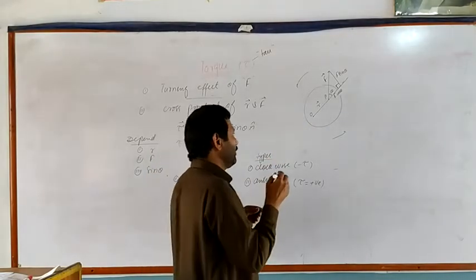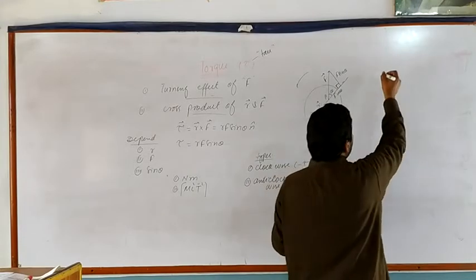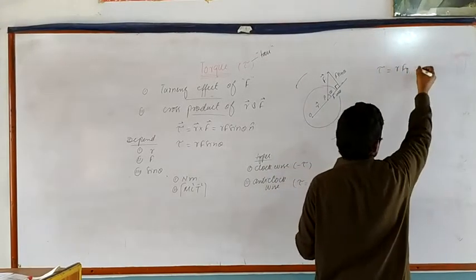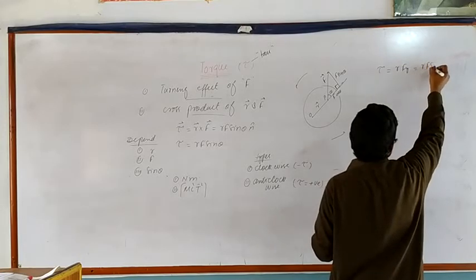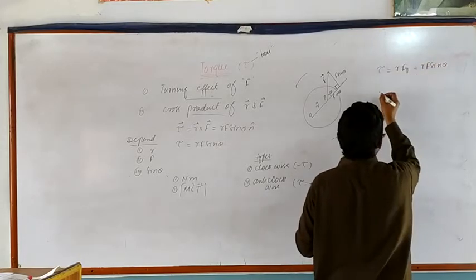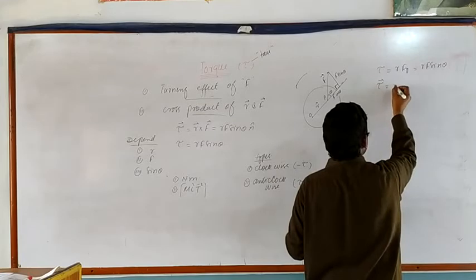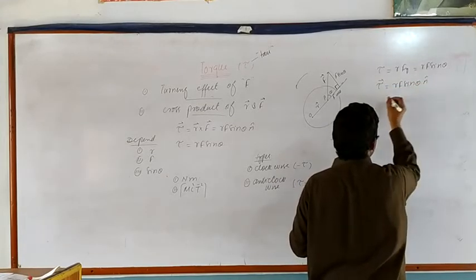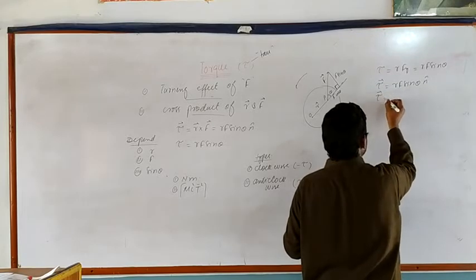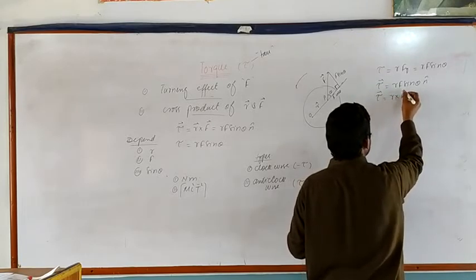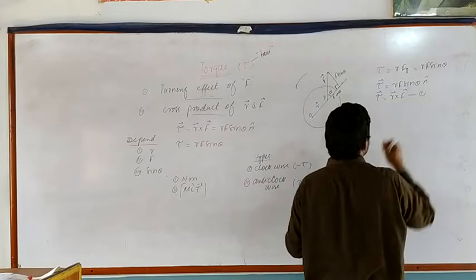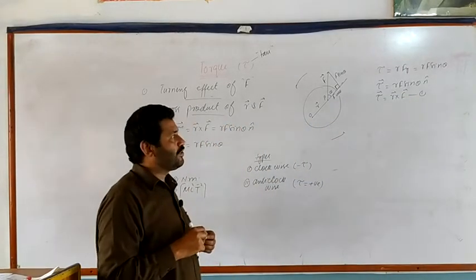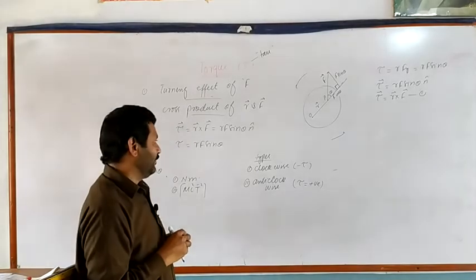So torque will be produced due to f sin theta. We can write it as r f sin theta, and in vector form this equation is written as r f sin theta into n unit vector. We can also write it as vector r cross vector f, which is the cross product of position vector and force, named torque.